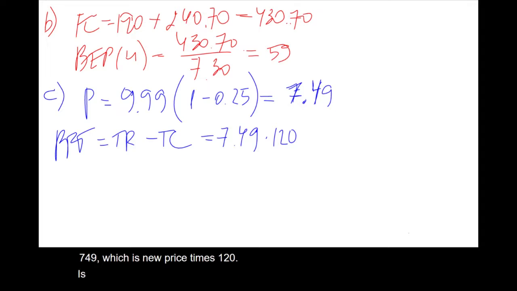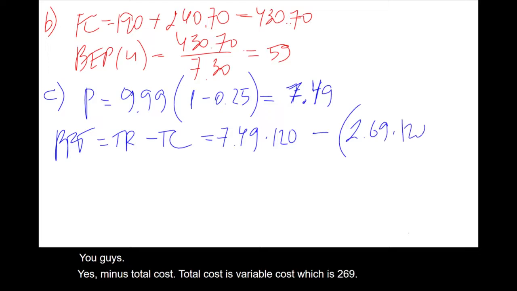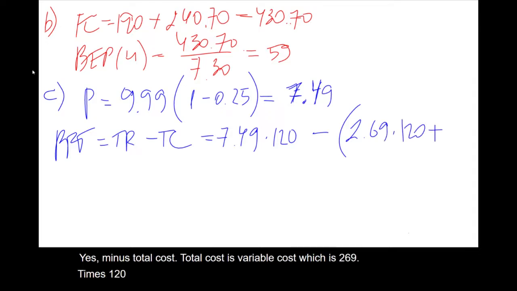Is that part clear? Minus total cost. Total cost is variable cost, which is 2.69 times 120 plus fixed cost.